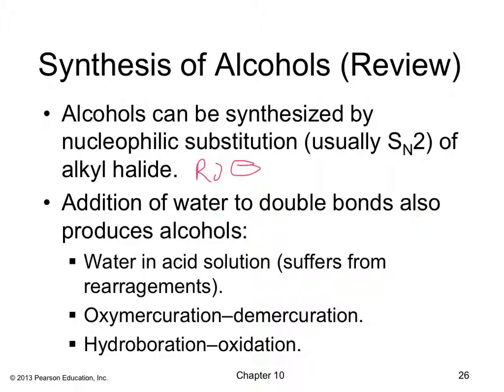We just learned that two chapters ago. Producing alcohols in water and acid solutions allows you to form carbocation intermediates, and then as a result, form the alcohol. The only negative is that it suffers from rearrangements, right? You can have hydride shifts or methyl shifts.